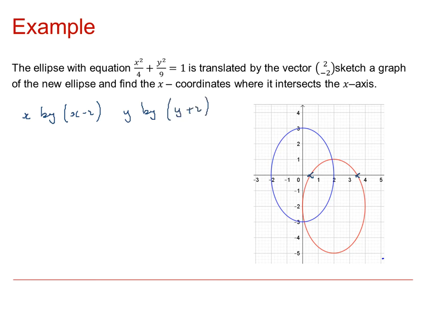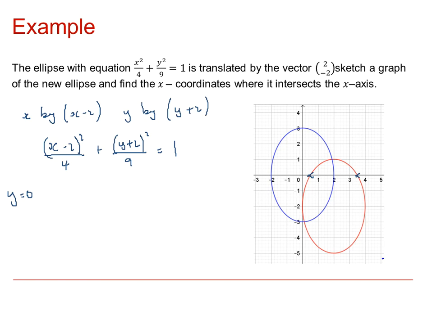So our new equation is (x minus 2) all squared over 4 plus (y plus 2) all squared over 9 is equal to 1. We want to know where it cuts the x-axis, so when y is equal to 0.